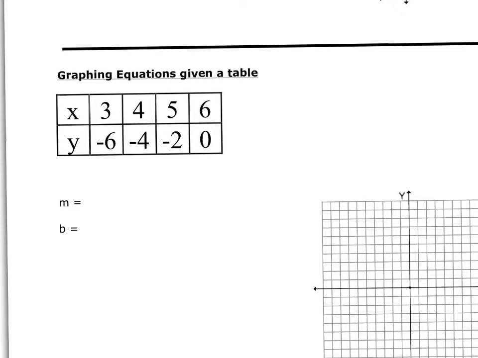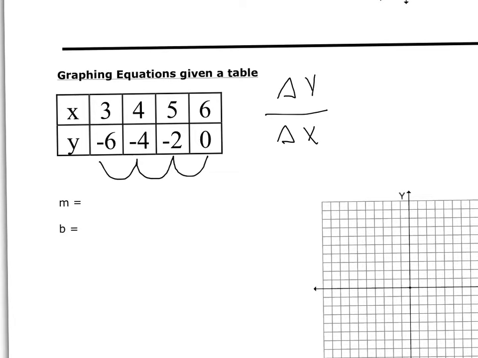Our last type is to find slope and a y-intercept from a table. And remember, from yesterday, we talked about to find slope from a table, you need to do the change in y over the change in x. Okay, so if you look at this table, what's happening every time to get from one y to the next?